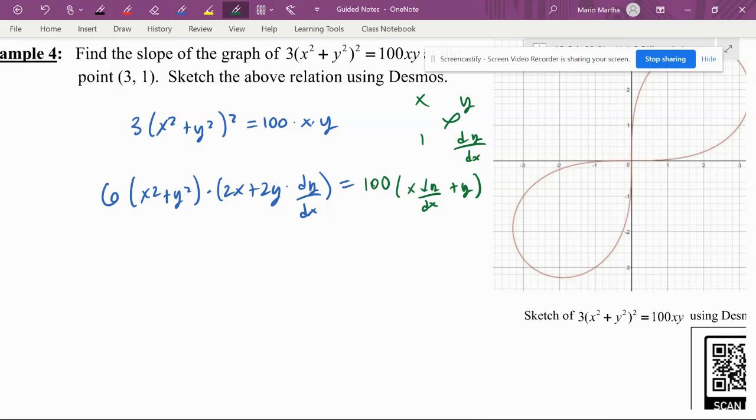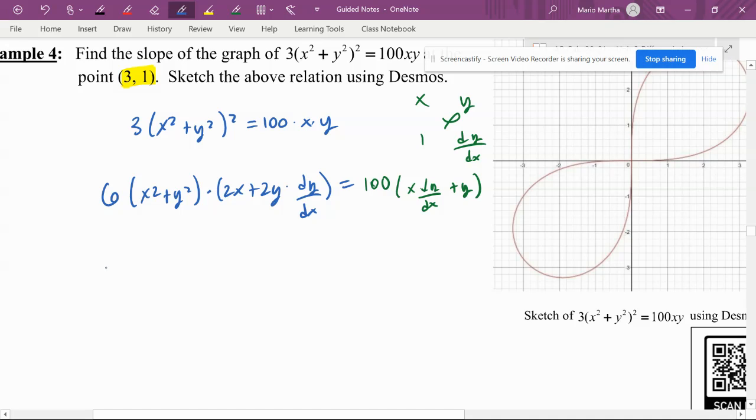Should I keep going right there? All right. So I think at this point, just to minimize, because we already know what the two variables are going to be, right? We're just looking for the slope. So instead of finding everything in terms of x and y, I can just substitute the 3 and the 1 and then solve for dy/dx. That's going to make it a lot easier for us, all right?